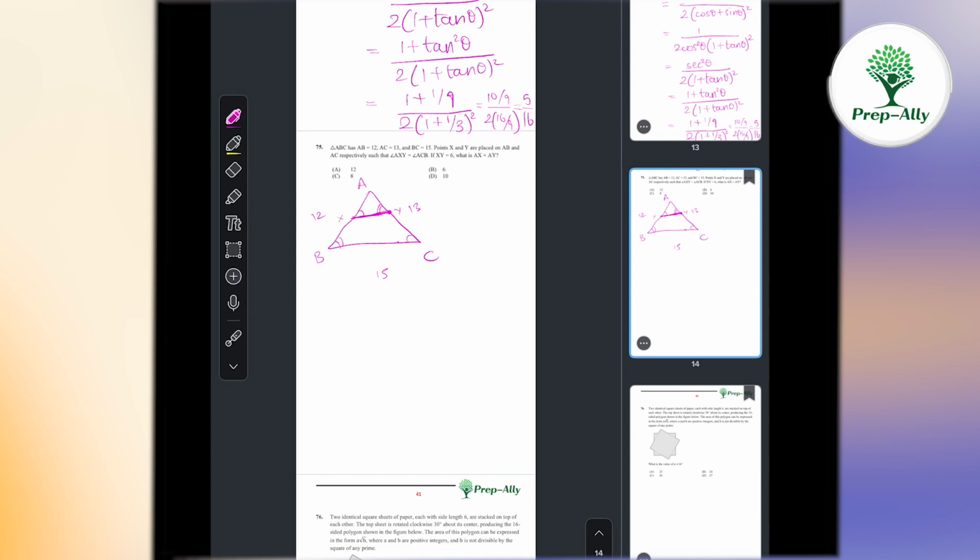So we have angle AXY equal to angle ACB, angle AYX equal to angle ABC, and angle A common. So the two triangles are similar by AAA similarity, right? So AXY is similar to ACB.